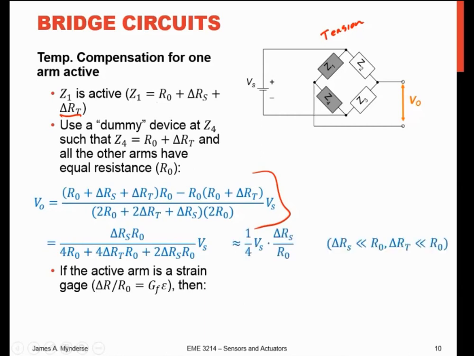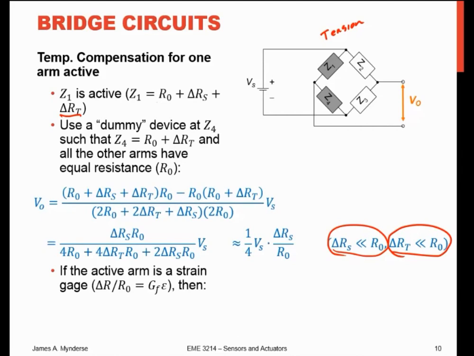And what I get is all of those delta RTs cancel out, okay? Pretty much. There's still this 4 delta RT R0 term, but if delta RT is small compared to R0, and it will be, and delta RS is small compared to R0, that cleans up our denominator terms here.